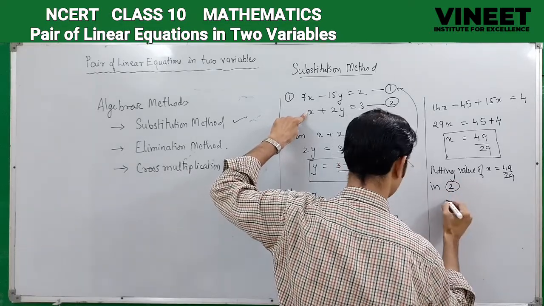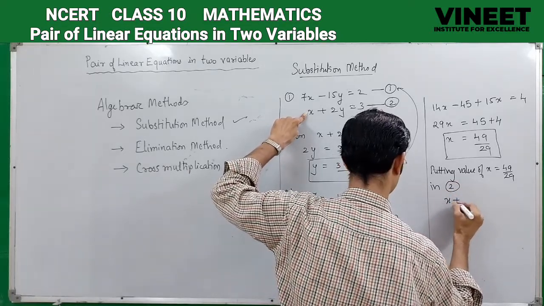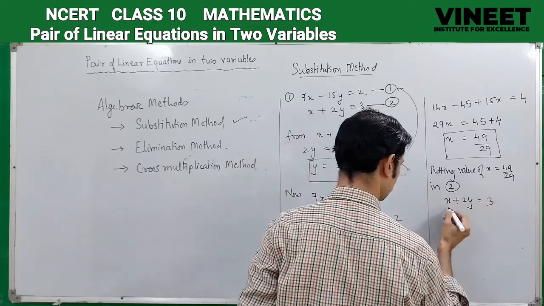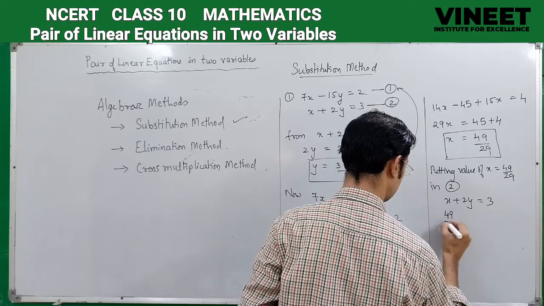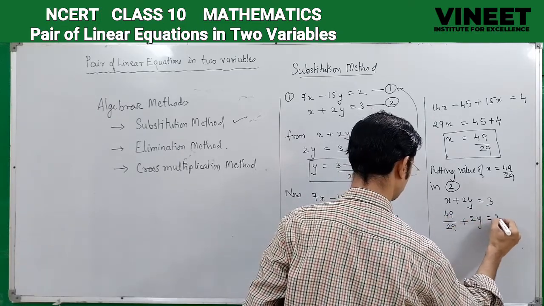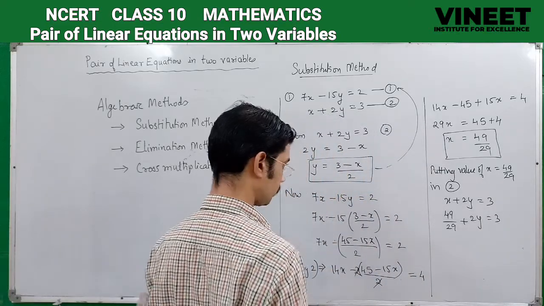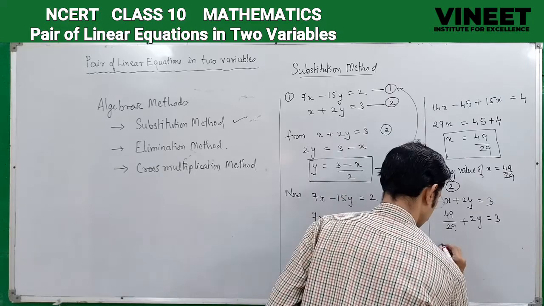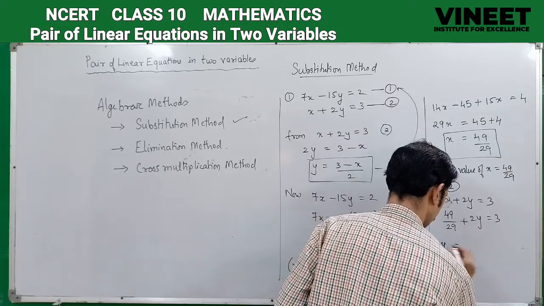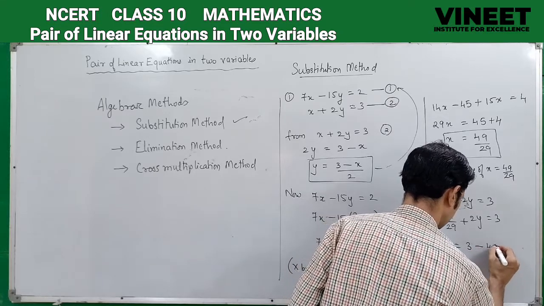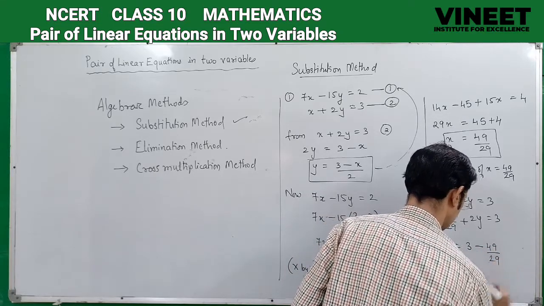What is equation 2? Write it down again: x plus 2y equal to 3. Now instead of x we place 49 by 29, plus 2y equal to 3. We take 49 by 29 to the other side, so 2y is equal to 3 minus 49 by 29.